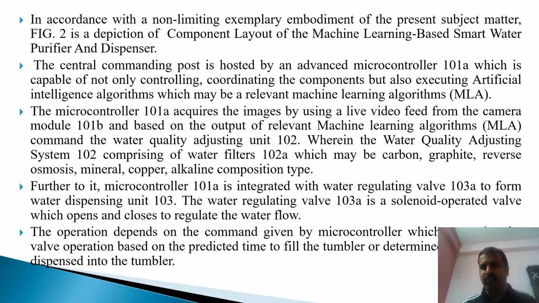The quantity of water will be converted in terms of solenoid operation time, and the time of operation will be determined. Based upon the time of operation, the solenoid will be operated, and in that particular operation time the water will be dispensed.